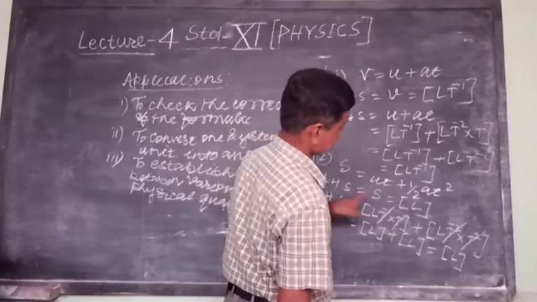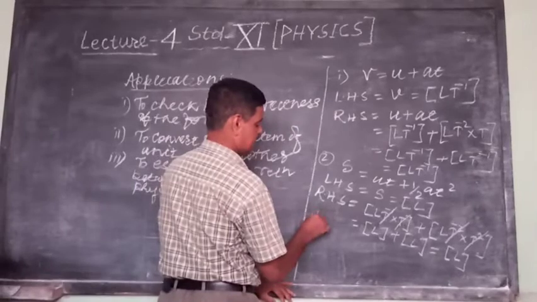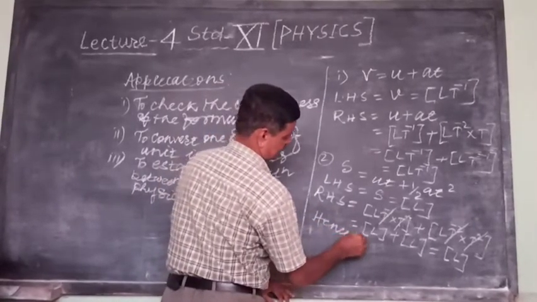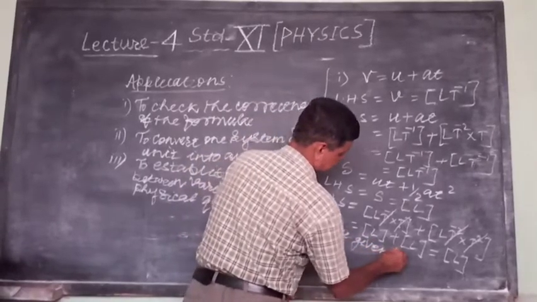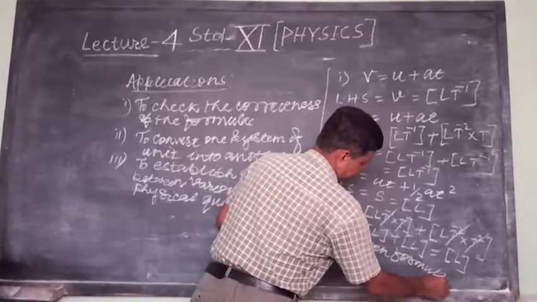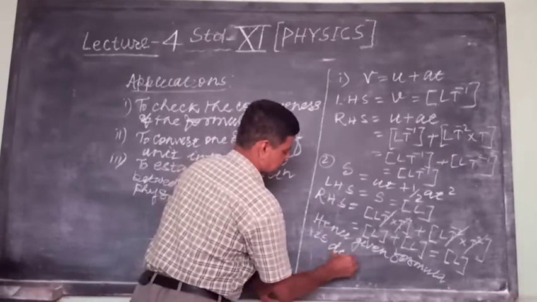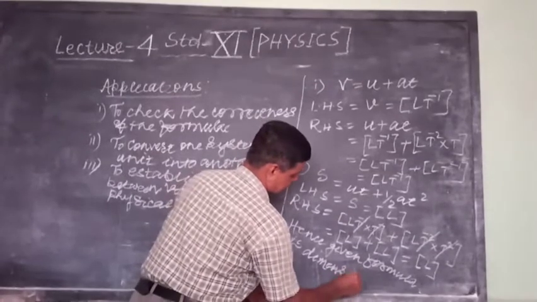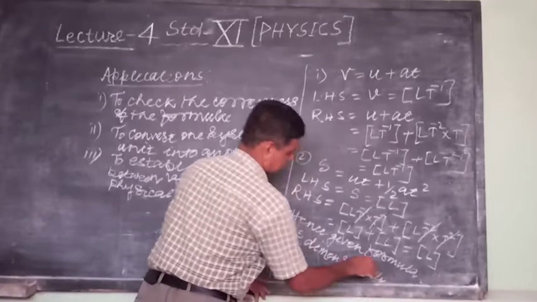LHS and RHS are the same, and finally you will write, hence the given formula is dimensionally correct.